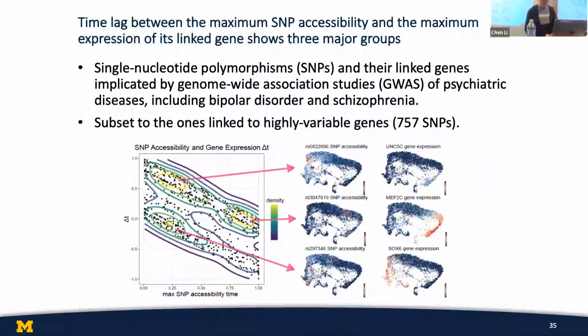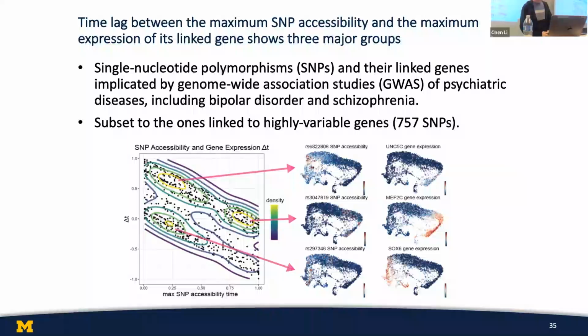Another analysis is to see if single nucleotide polymorphisms, SNPs, and their associated genes match in time. Here I'm showing the maximum SNP accessibility and the maximum gene expression of its linked gene on the UMAP.